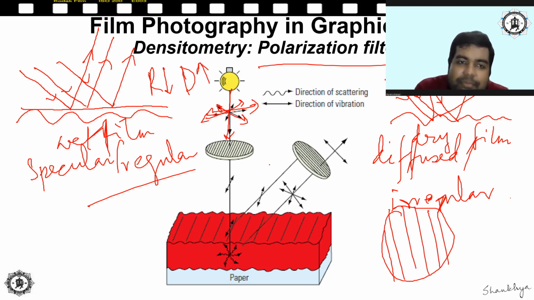So what is happening? The light having vibrational direction parallel with the direction in which the polymeric molecules are arranged in the polarization filter, only those light having those vibrational directions will be able to pass it, right?